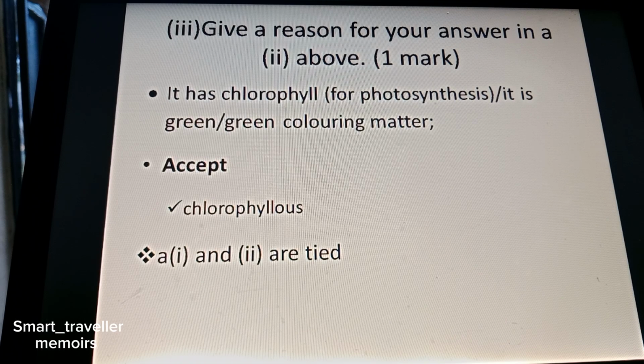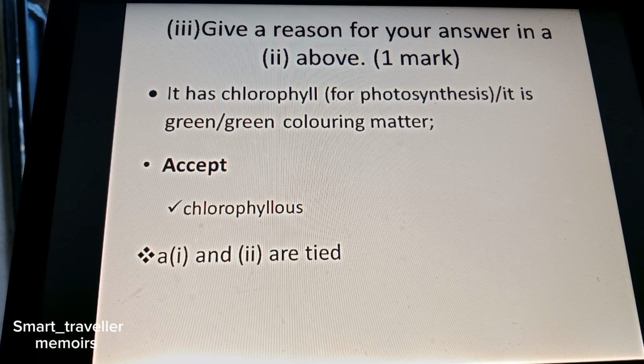You could alternatively say it is green, it has green coloring matter. Those ones could have earned you marks. The examiners could also accept, if you wrote the reason as chlorophyllous, you are given.